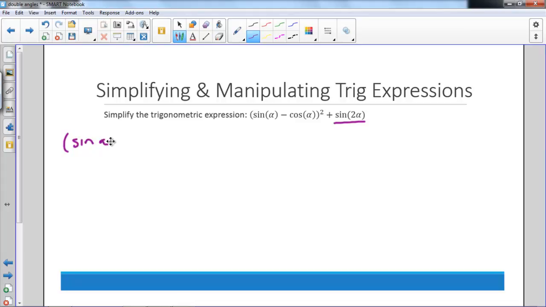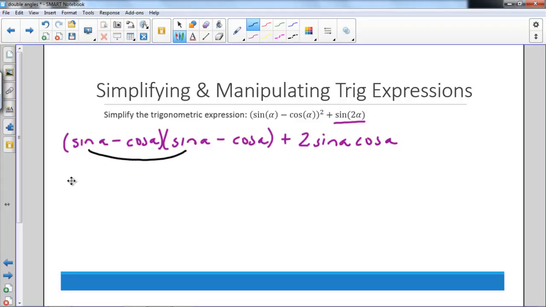So I'm just going to go ahead and write that out. And now I'm going to go ahead and substitute in 2 sine alpha cosine alpha, because that's what sine of 2 alpha equals.